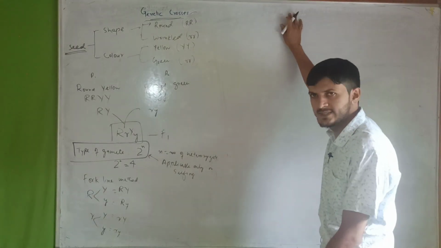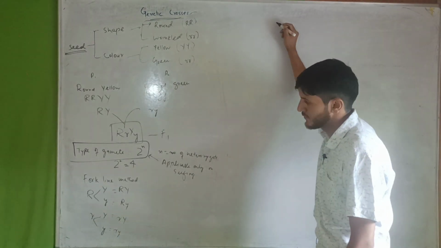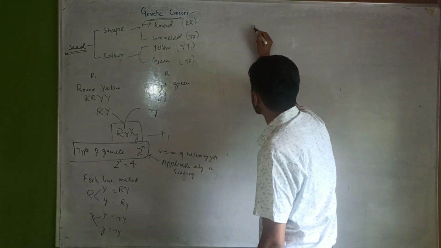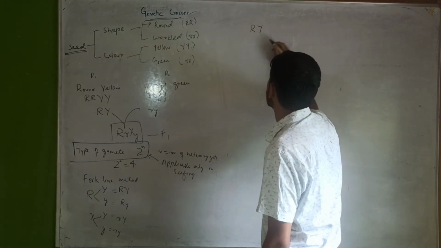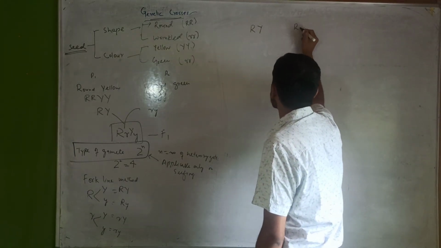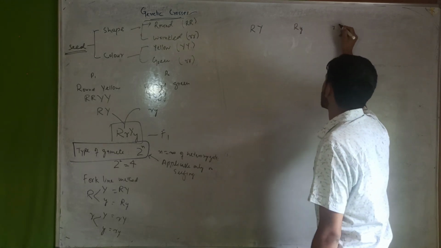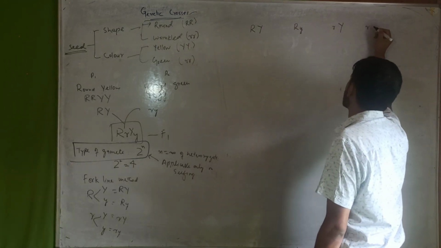Now we will perform the selfing. How many gametes are produced? 4. Capital R capital Y, capital R small y, small r capital Y, small r small y.